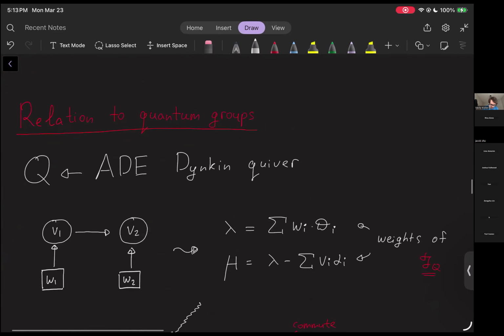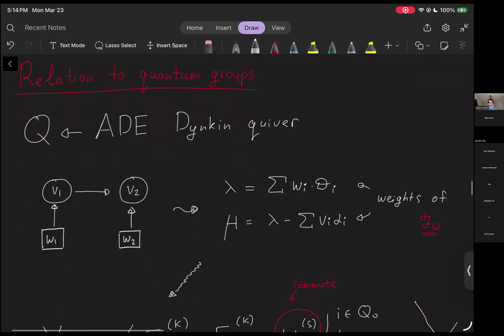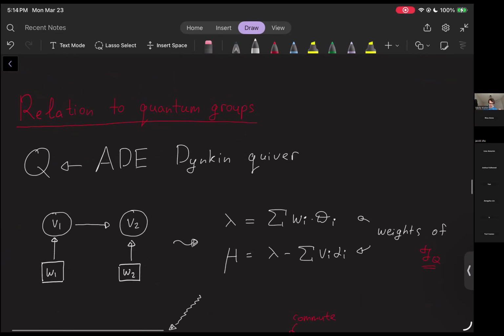Okay, and now let me explain the relation to quantum groups. That's one reason why people doing some algebraic stuff are interested in these Coulomb branches. So now let Q be an ADE Dynkin quiver. Before we could consider an arbitrary quiver, now I want to consider a particular one. Remember that we had these V's and W's, and they determine for us lambda and mu.